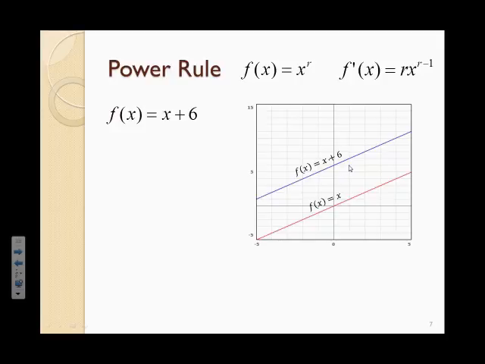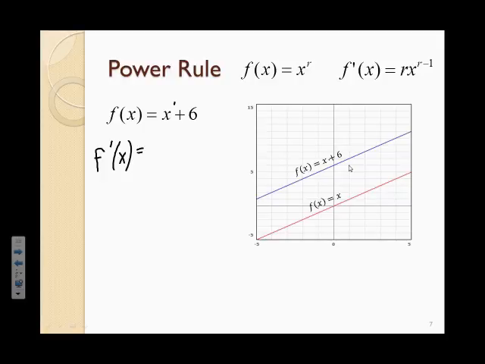If we work at using the power rule, then we would simply say that the derivative, f prime of x, is equal to, we realize again that this is actually 1x to the first power. So we don't need the 1 with this method, but it's x to the first power.